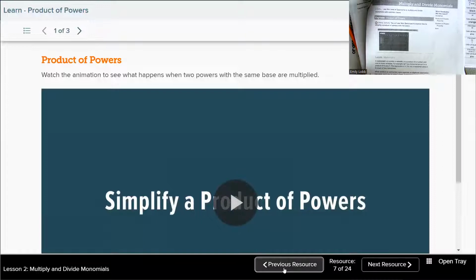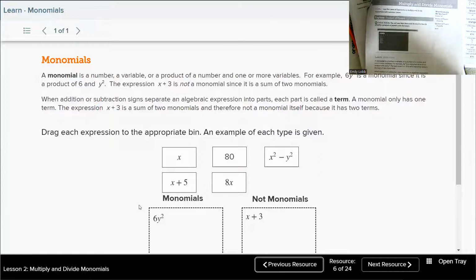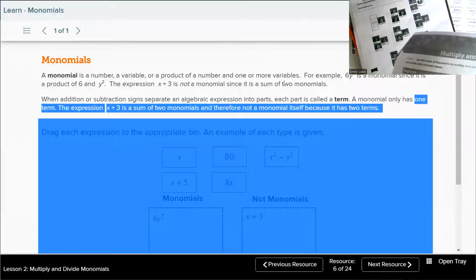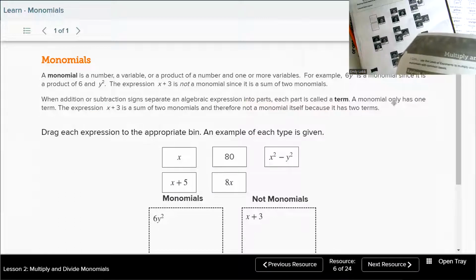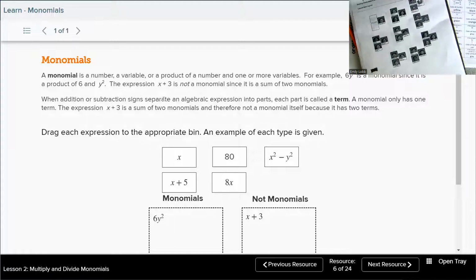In your packet, a monomial is a number, a variable, or a product of a number and one or more variables. Do you see where it says this under learn? So a monomial is just like one term. For example, 6y squared is a monomial since it is a product of 6 and y squared. The expression x plus 3 is not a monomial since it is a sum of 2 monomials.